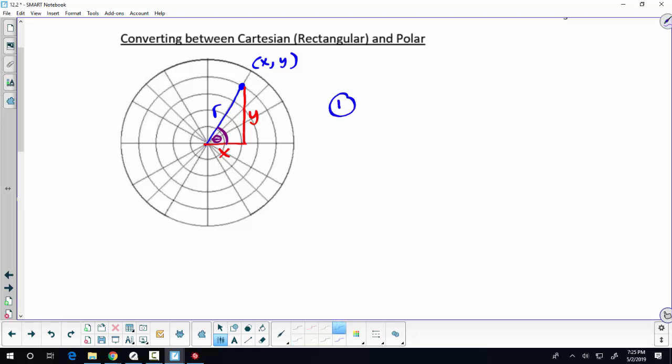So two relationships we can get from this is that x is r cosine theta and y is r sine theta.